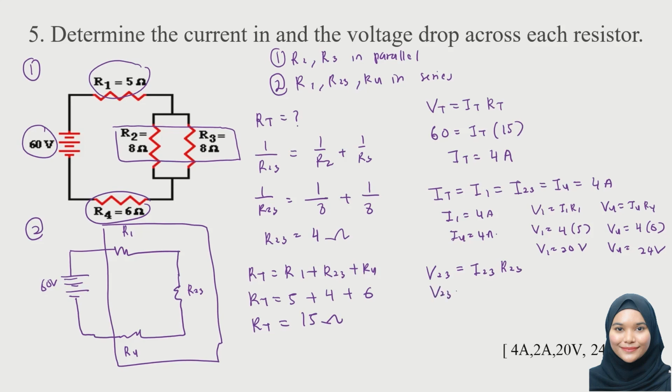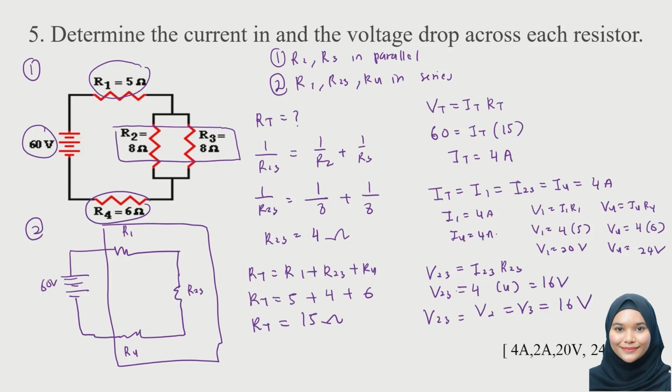We know the current is 4 and the resistance is 4. So that gives us 16 volt. And we know the voltage for parallel is the same. Therefore, the voltage across resistor 2 and the voltage across resistor 3 is 16 volt.